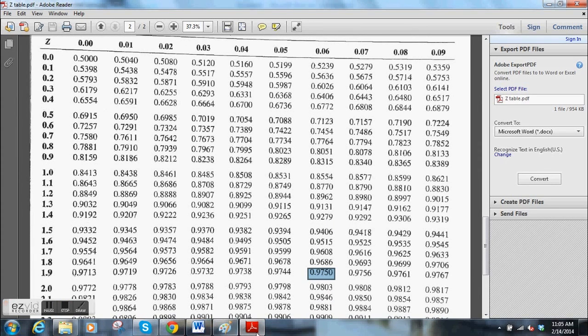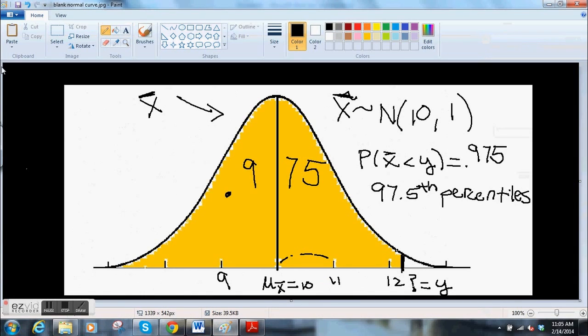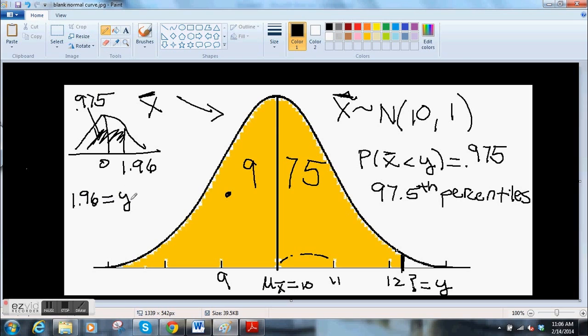So on a z curve, you like that z curve? At 1.96, this whole area is 0.975. So if you're doing it with the z-table, you set 1.96 equal to a z-score: this number minus the mean, 10, divided by the standard deviation, 1, and you solve for that number, essentially finding the z-score backwards.